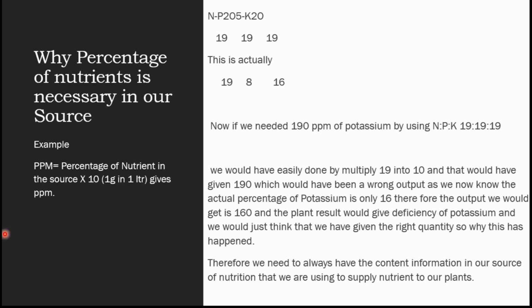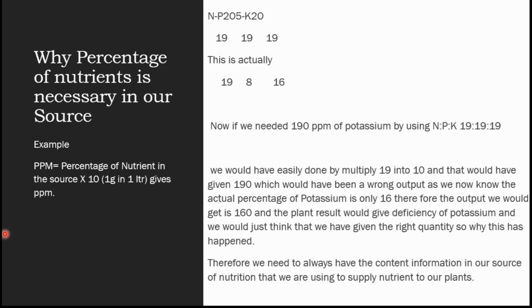For example, calcium nitrate. What is the percentage of nitrogen in calcium nitrate? It's almost 15%. So how will you calculate the ppm that we will be using to water our plants? Here the ppm is calculated in such a way that whenever we want a water-soluble nutrient for our plants, we add 1 gram of it in 1 liter to get a ppm equal to the percentage of nutrient in the source.